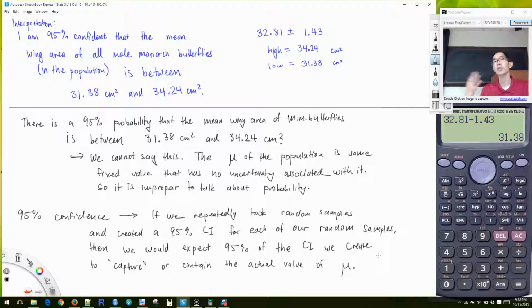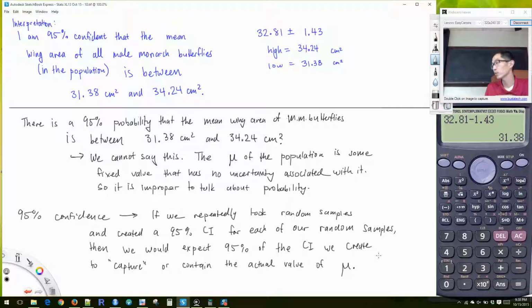So this concept of 95% confidence, or whatever level of confidence we select, comes from the idea of: if somehow we were able to repeatedly take random samples, how many of our confidence intervals would get the true value of mu in it? We would expect, in the long run, 95% of them to get the true value of mu.